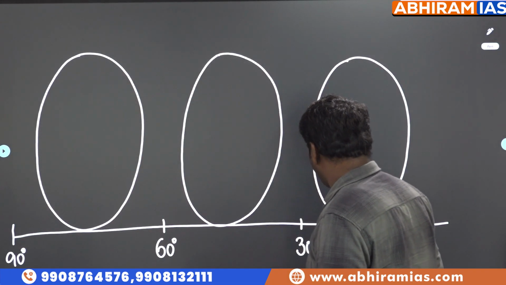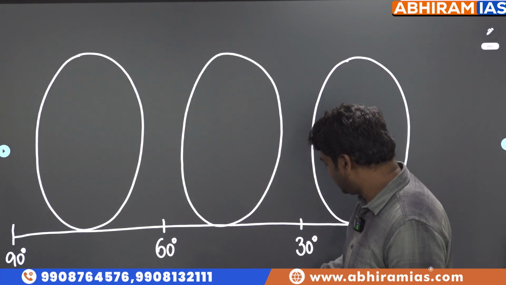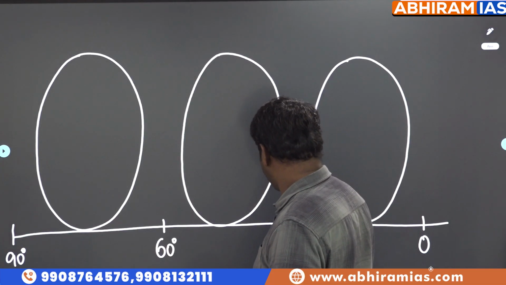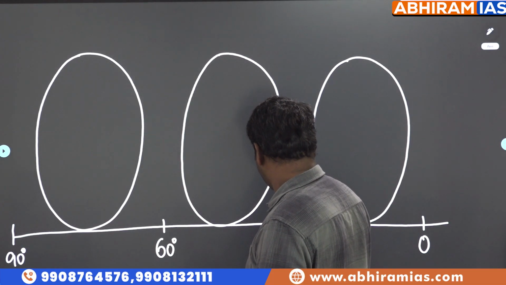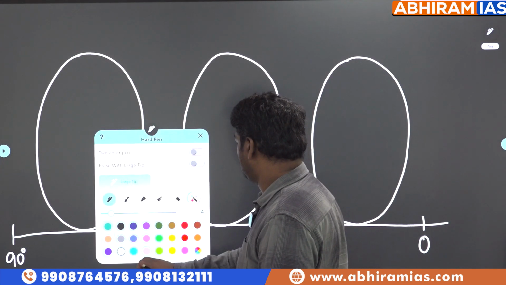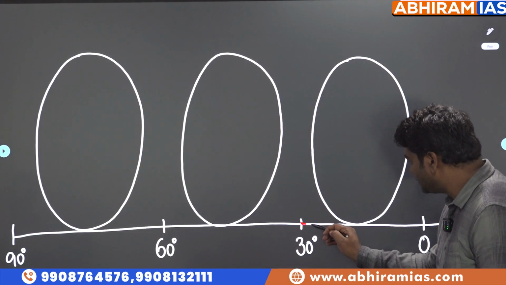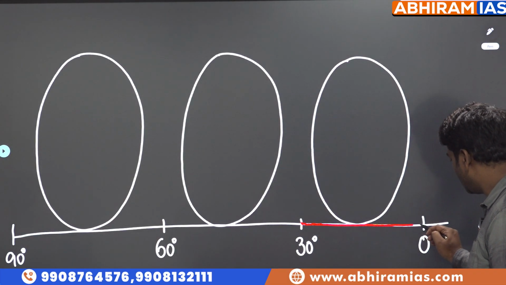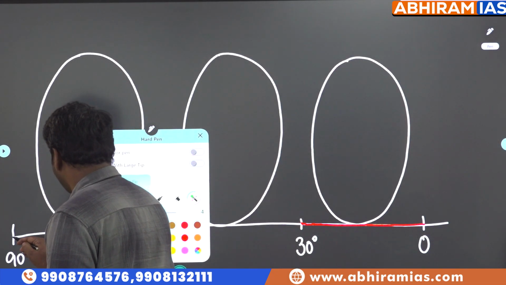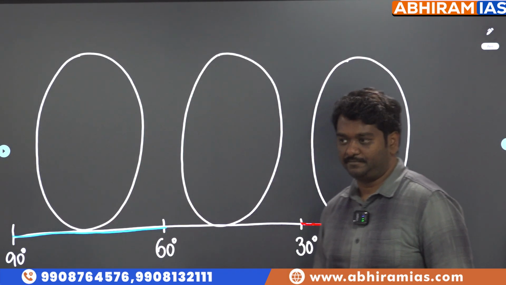Same air will be there everywhere. Can you tell me which one will be hot among this? Yeah. 0 to 30. Can I say it's hotter? 30 to 60 will be moderate. 60 to 90 will be cooler.